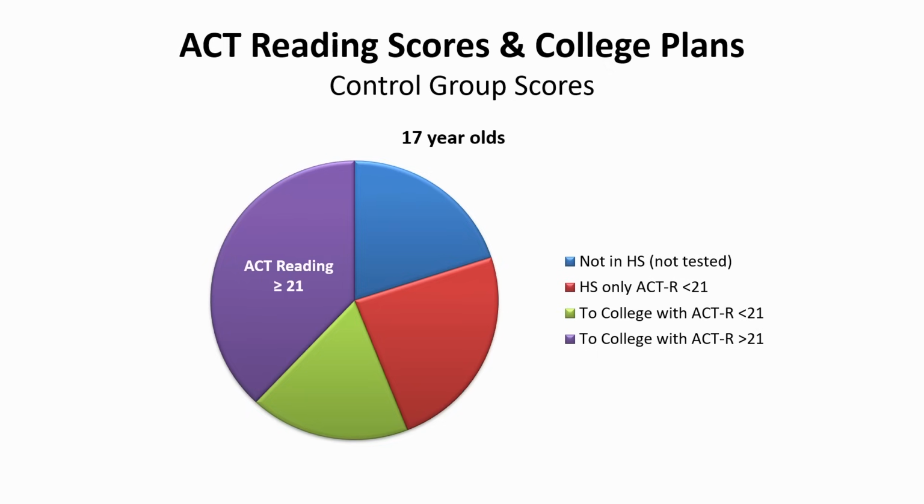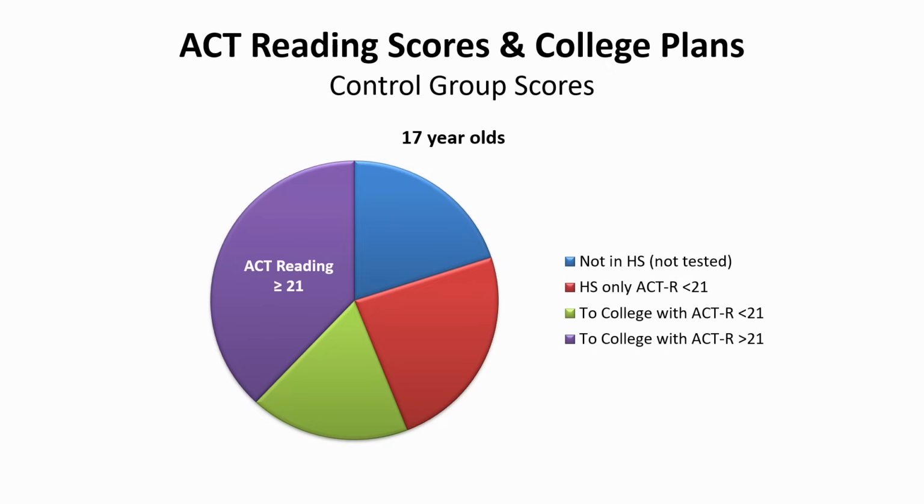As we had previously noted, more than half of high school graduates will choose to go on to college, based on the proportion who had scores of greater than 21 in our study group.